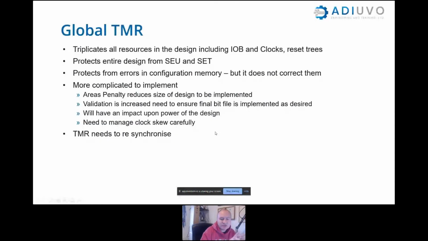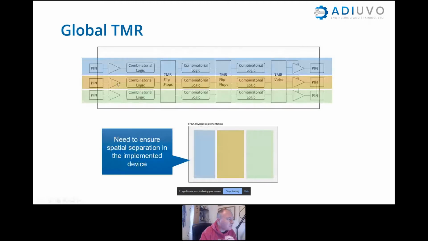So we have other issues and other approaches that we can take in our designs as well. We can take a look and do TMR, and we can do global TMR where we triplicate everything in our design. If we triplicate everything in our design, we do that with the IOs, the inputs, the clocks, the reset trees and everything. And we end up with three implementations in our design.